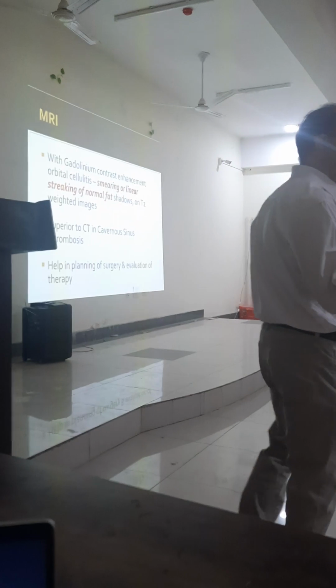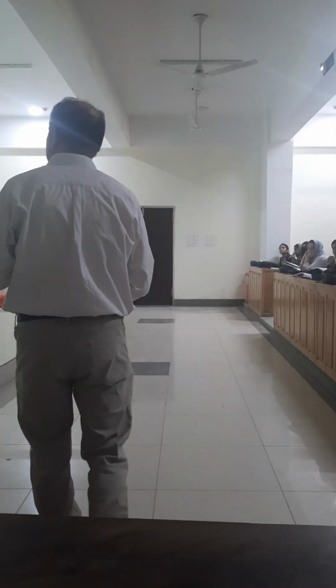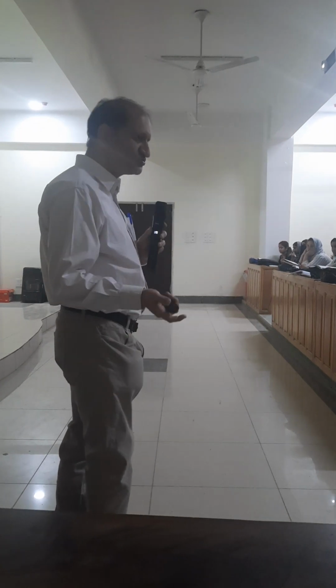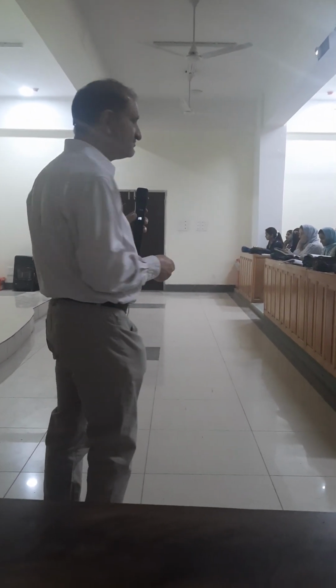There is a difference between CT and MRI. CT will tell you about the bony tissue, and MRI will tell you about soft tissue. So MRI will be more informative because it's a soft tissue infection. It is not a bone infection. So if you have access to MRI, one should go for MRI instead of CT.